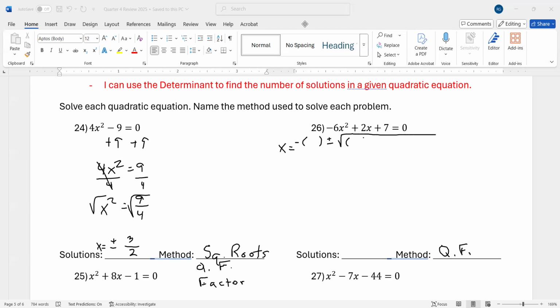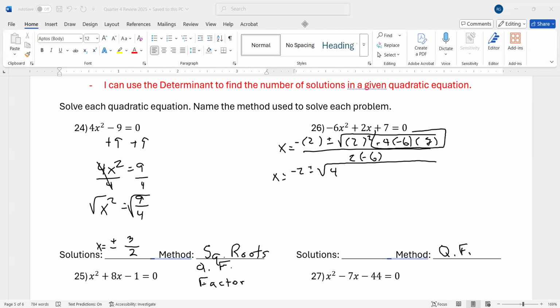Again, this is going to be provided to you. And it should look relatively familiar because we just got done with it. B value is 2. A value is -6. C value is 7. And A is -6. Okay, so now we start simplifying. -2 plus or minus the square root of 2 squared is 4.